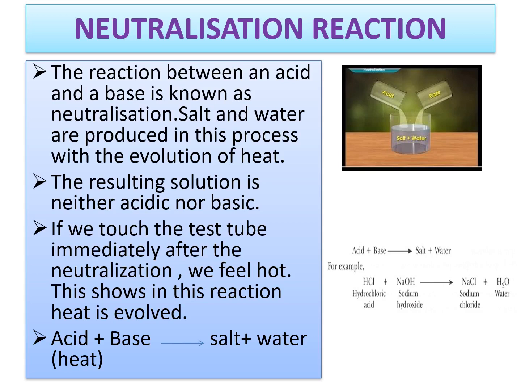Both the acidic nature of the acid and the basic nature of the base are destroyed. After mixing acid and base, one new solution is formed, but the resulting solution is neither acid nor basic.